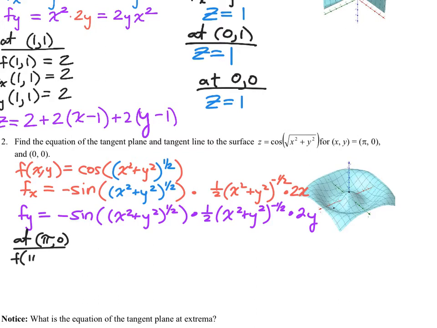So f of (pi, 0), so I'm plugging in a pi for x and a 0 for y. So I just play this out logically. If I take the pi and square it, and then raise that pi squared to the 1/2 power, the 1/2 is going to cancel the power of 2.